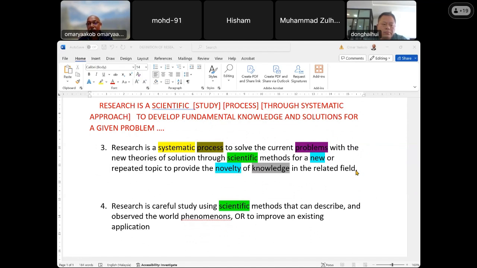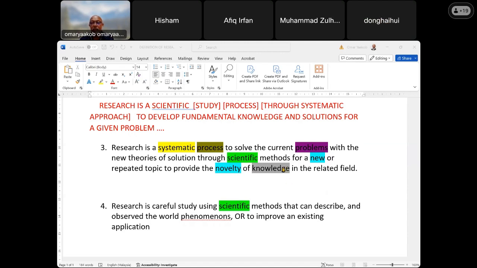Afiq, are you in here? Yes, Prof. I have not heard from you. What do you think about to develop fundamental knowledge and solution? Is there any comment? Are you okay with it? I quite disagree with to develop fundamental knowledge because I think research is a scientific study to find a new conclusion, because from the new conclusion we can have the knowledge and solution as well.